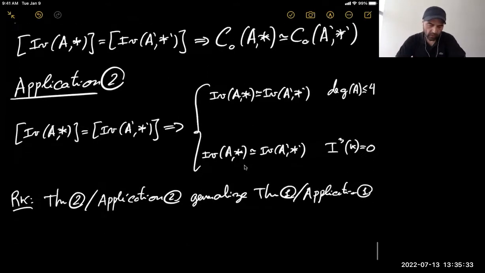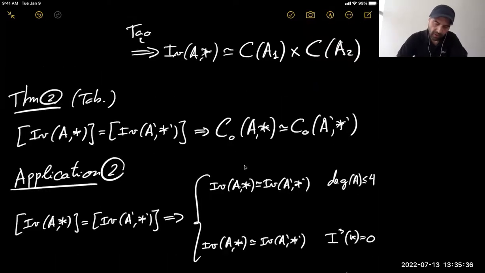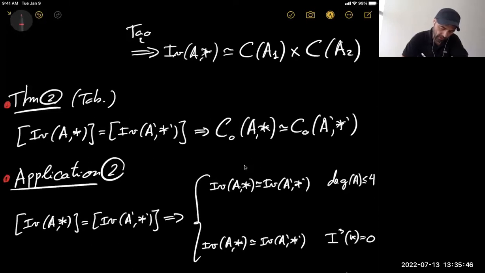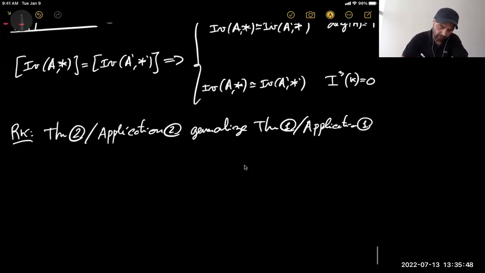And one thing that one should mention, emphasize, is that theorem 2, the way I stated it, is false. So in fact, let me mention this. This theorem 2 and this application 2 actually require an assumption. Let me make this very precise.